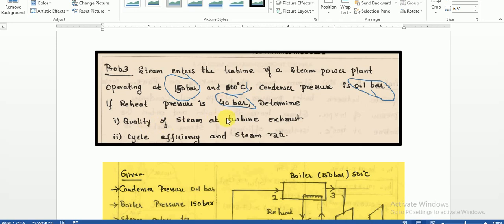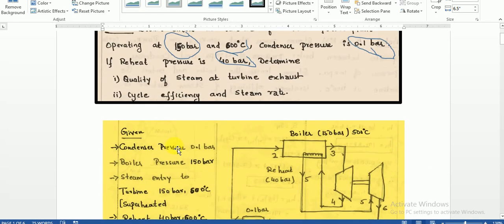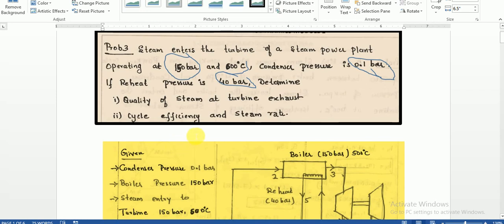Determine the quality of the steam. What do you mean by quality? It is the X. The amount of wetness or moisture content in the steam is the quality of the steam. Next, we will calculate the cycle efficiency. Cycle efficiency, we know that eta is equal to W net divided by heat added.